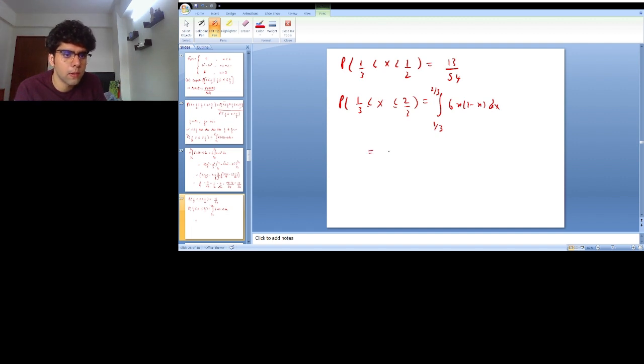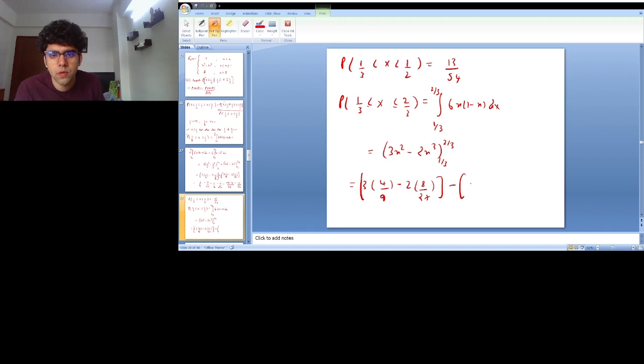Now finding the value of the denominator. This is equal to 3x square minus 2x cube from 1/3 to 2/3. So this gives me 3 into the square of 2/3, so 4 by 9, minus 2 into the cube of 2/3, so 8 upon 27, negative the square of 1/3, 1 by 9, minus the cube of 1/3, so 1 by 27.